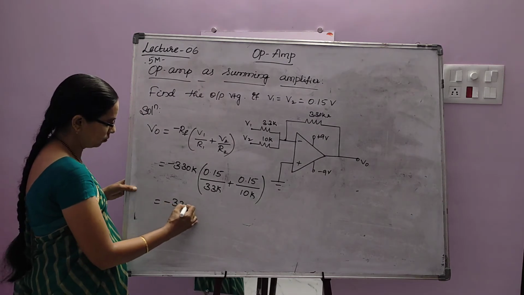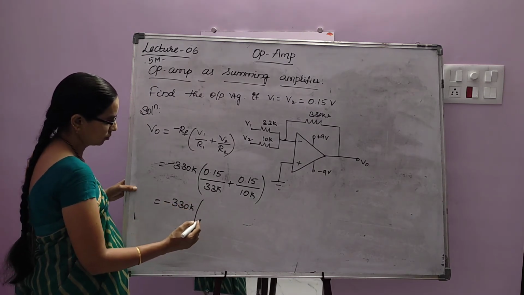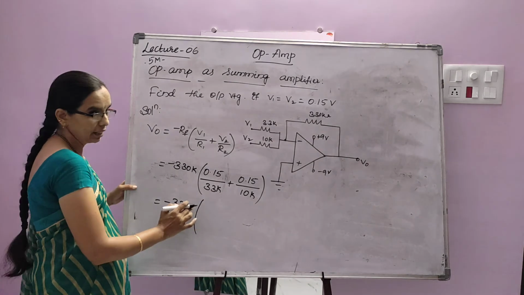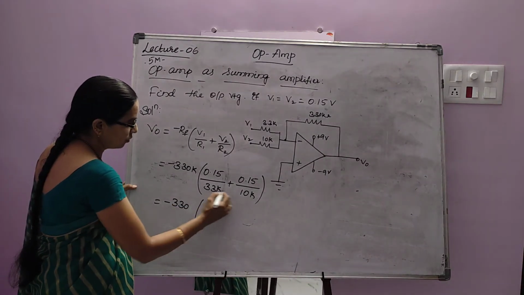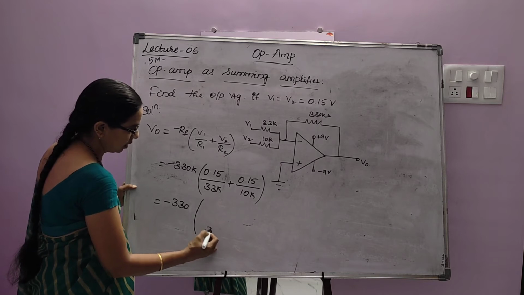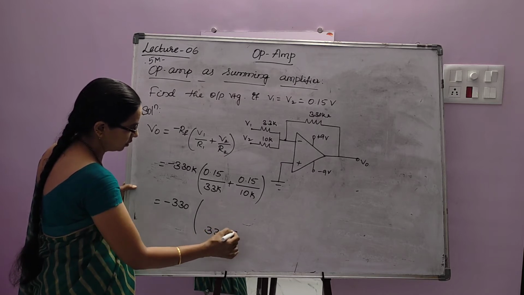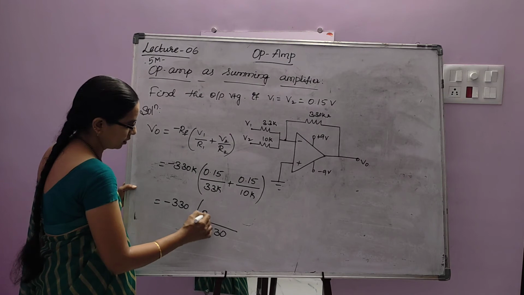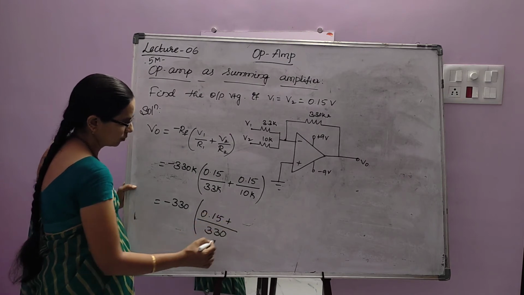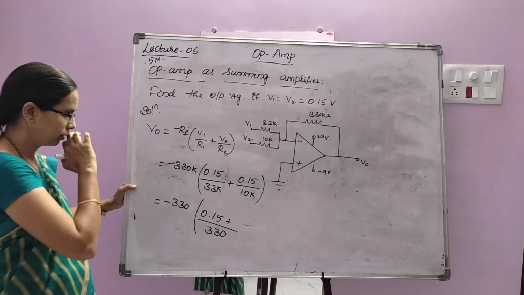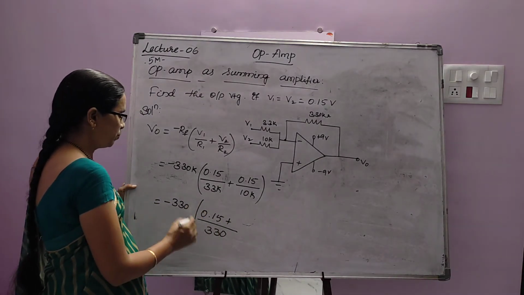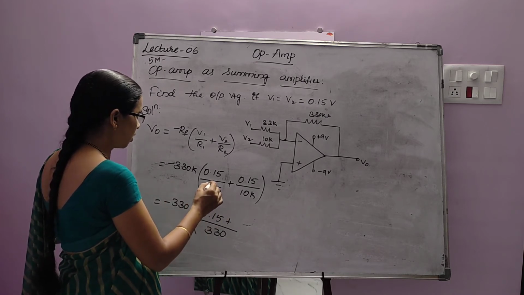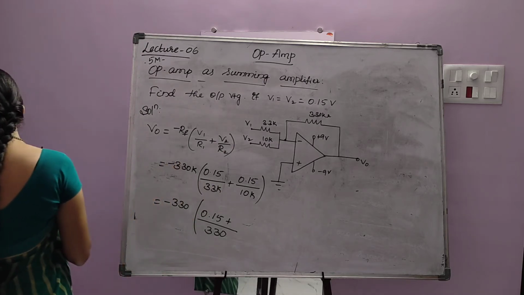Minus 330 kilo will get canceled if I take kilo common. So I will not write it in the next step. If I take LCM, it will be 330. Calculate it and write it. 0.15 volt, right? Okay.